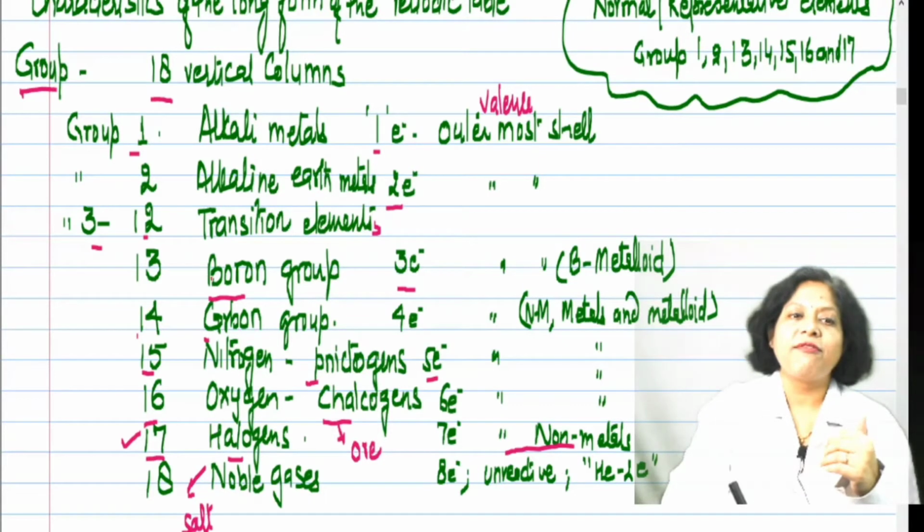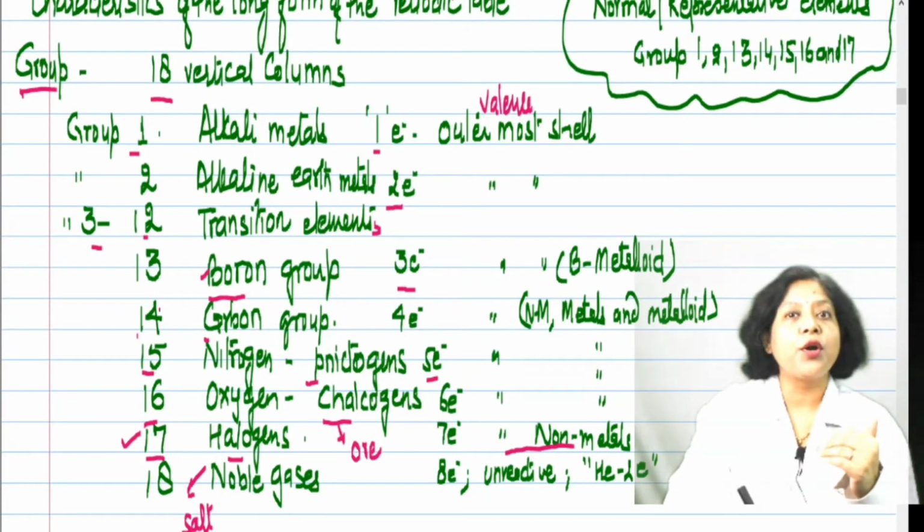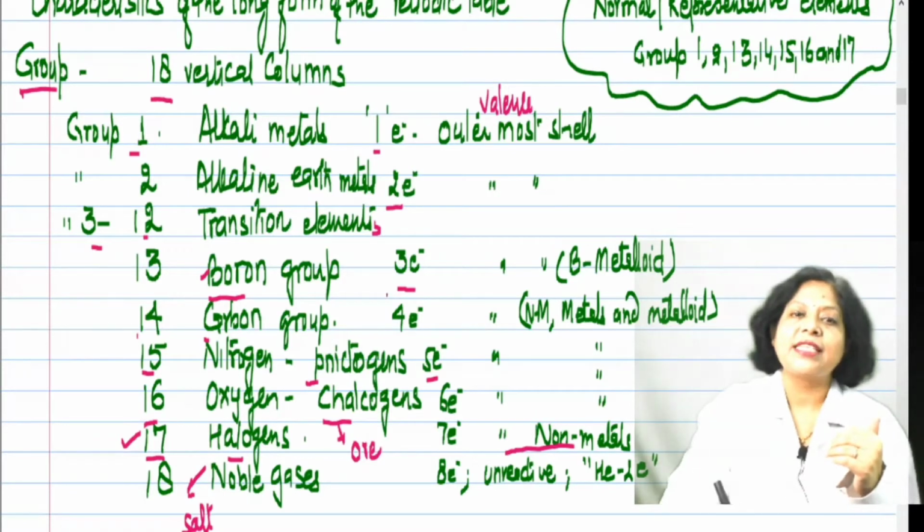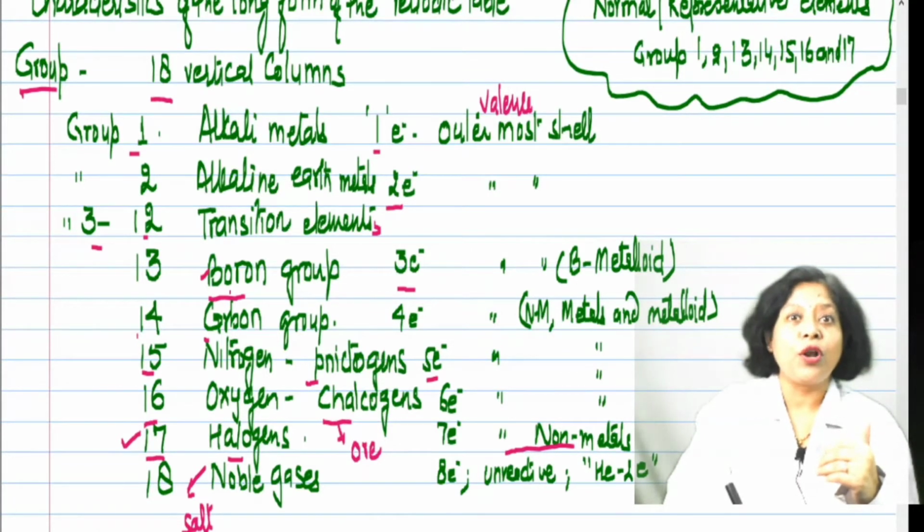So you will find in the boron group, that is group 13, boron is the only metalloid, the rest are all metals. Alkali metal, alkaline earth metal, transition elements are also metals.